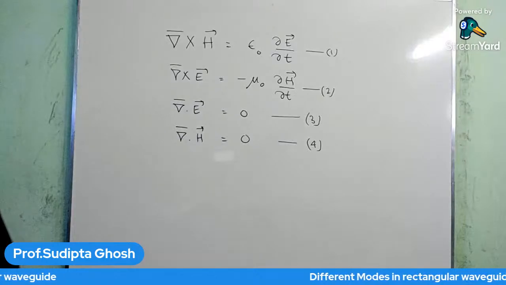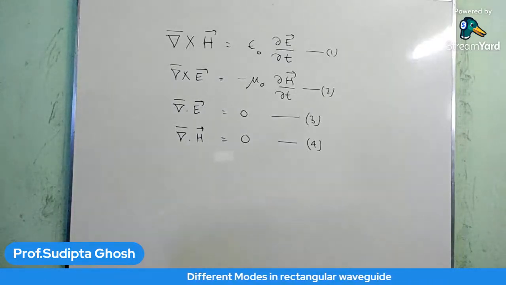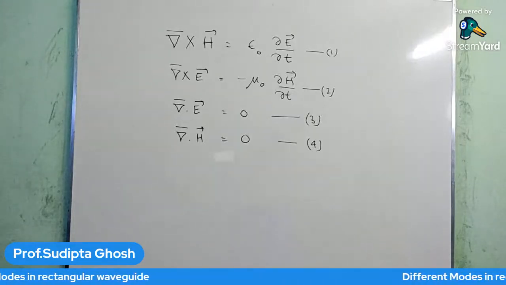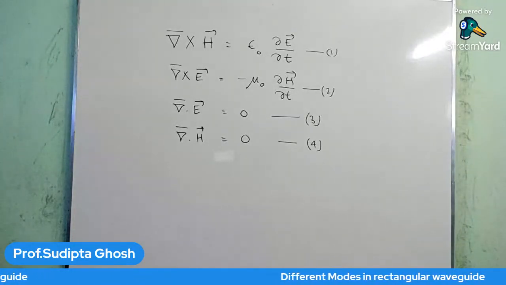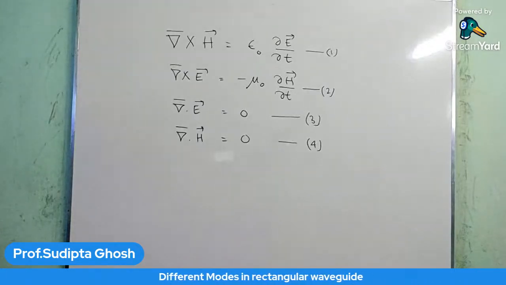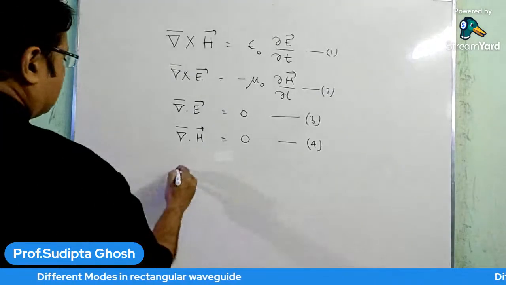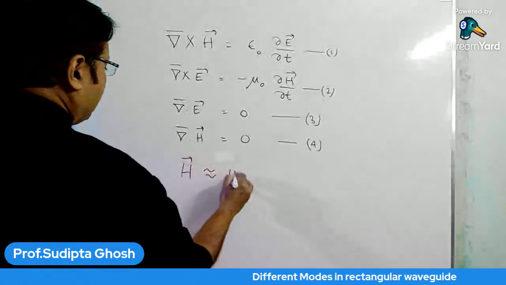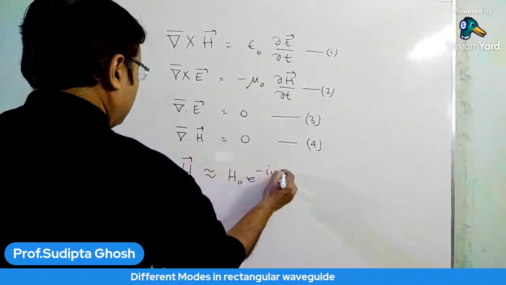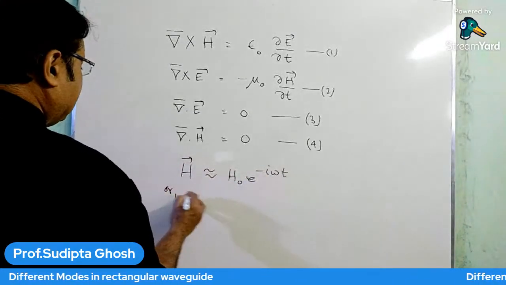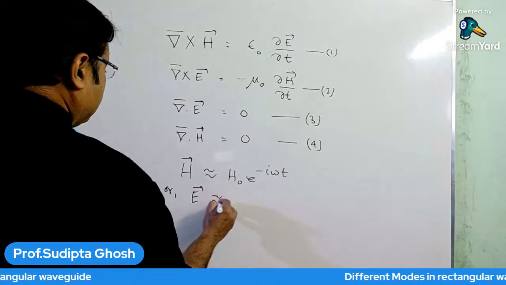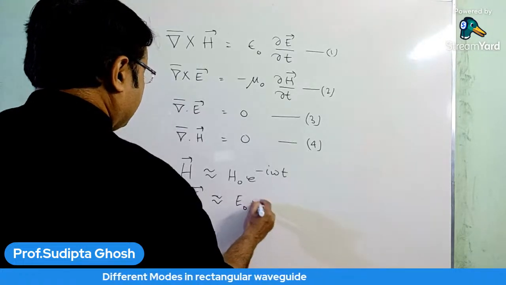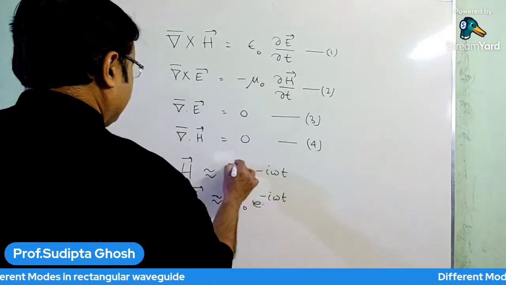Now let the waves to be propagated be monochromatic with time dependence e to the power minus i omega t. So for equation number 1 and equation number 2, the magnetic field H can be written as H0 e to the power minus i omega t, and E can be written as E0 e to the power minus i omega t.